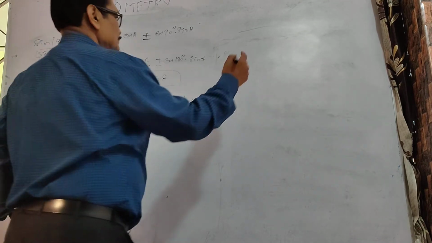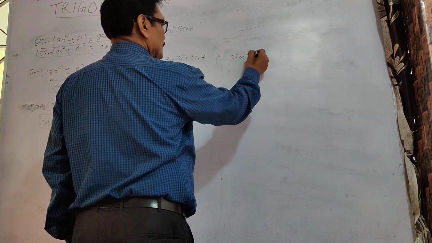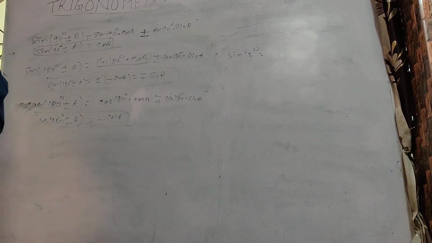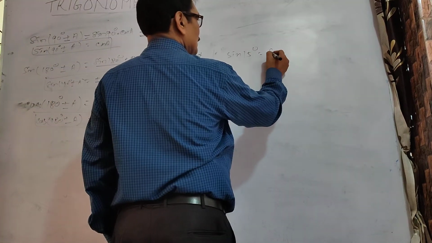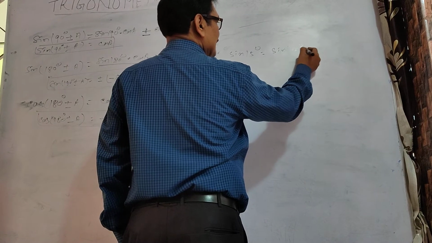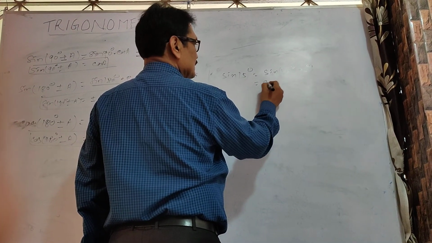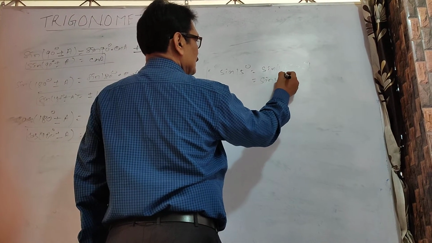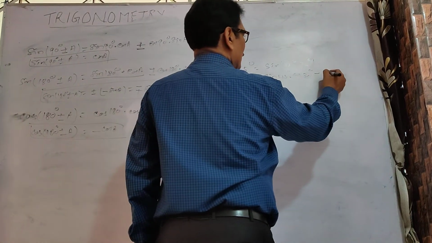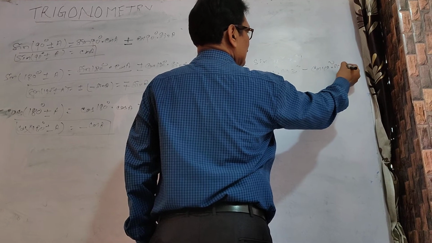Suppose you have to find sin 15 degree, and we will apply this. So if we write sin(45 degree minus 30 degree), this can be expanded as sin 45 degree into cos 30 degree minus cos 45 degree into sin 30 degree.